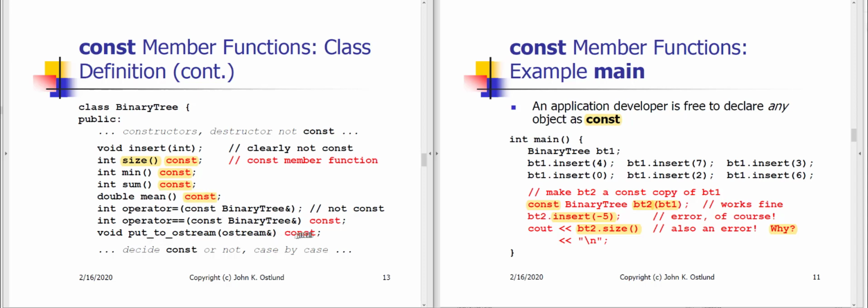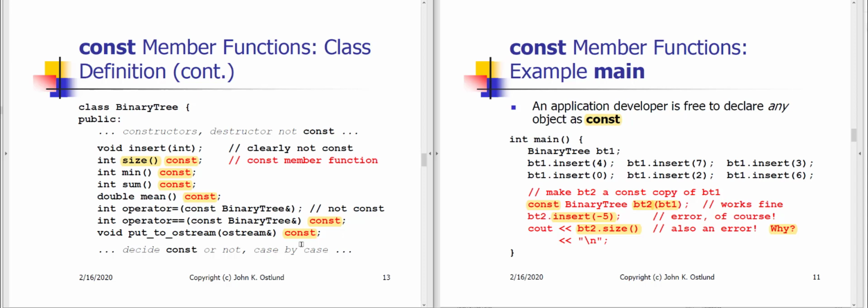And down here, we're also going to do that for the put to ostream function. We're also going to do that for the overloaded equality test function as well. So these consts at the ends of these declarations promise the compiler that these functions will not change the current binary tree object.